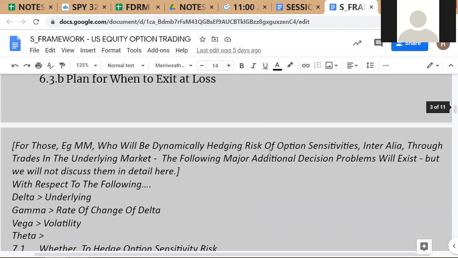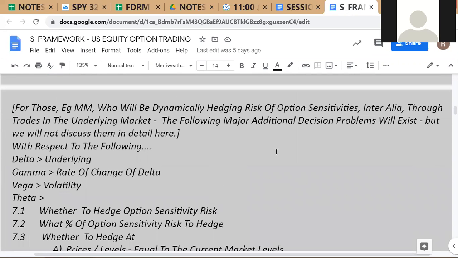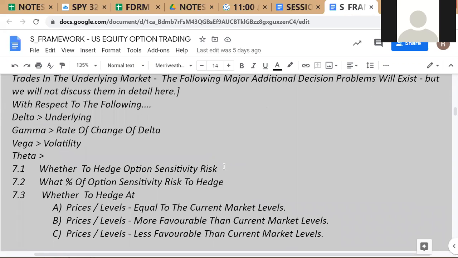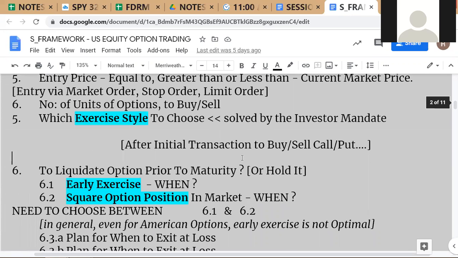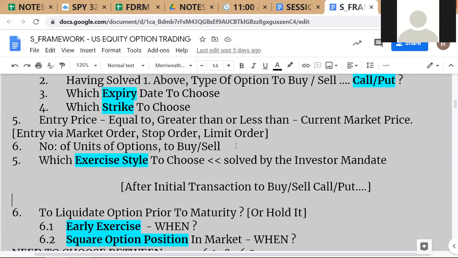Then we discussed that when you do market making in options, there are some additional decision problems which we are not going to discuss. But you should be aware of that.